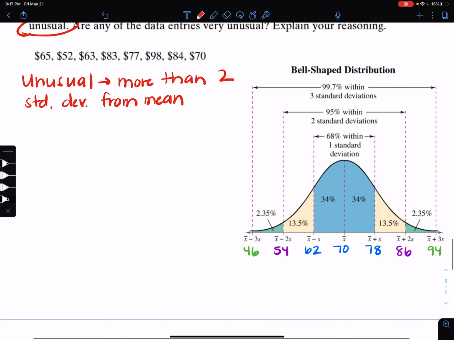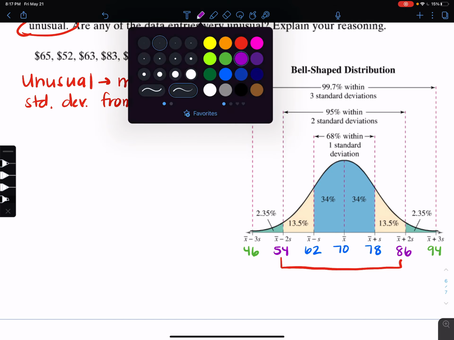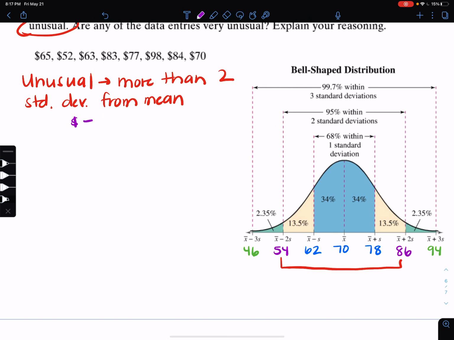That's this interval right here. That's 2 standard deviations away from the mean. It runs from $54 to $86. Now, anything within that is going to be fine.